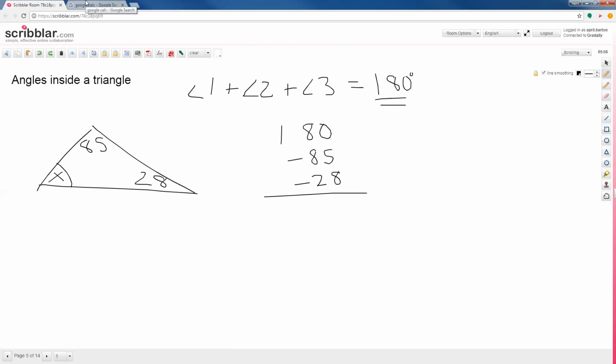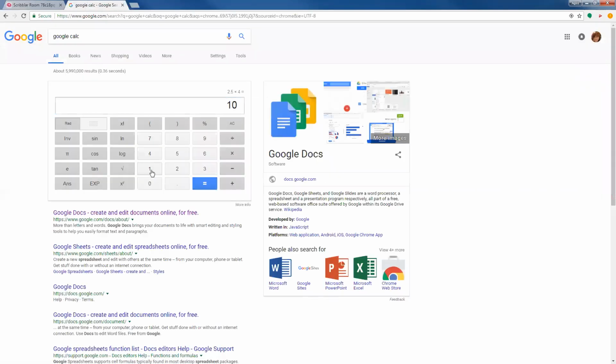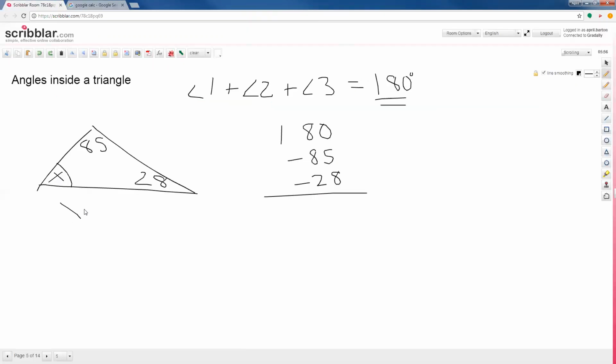So 180 minus 85 minus 28. And then minus the 28 is 67. Good.